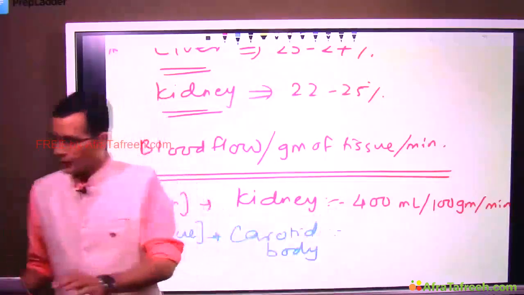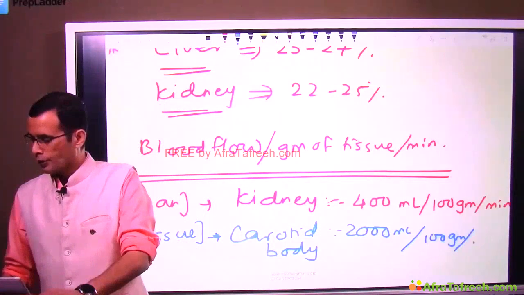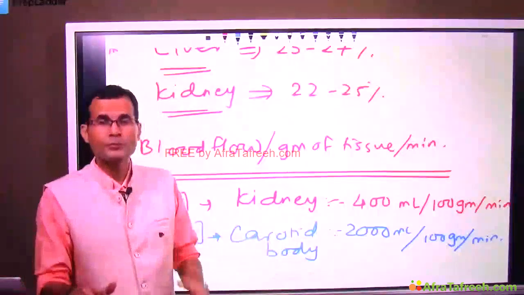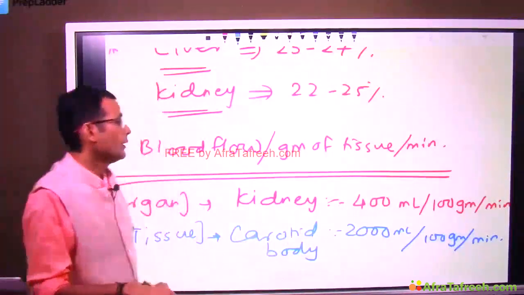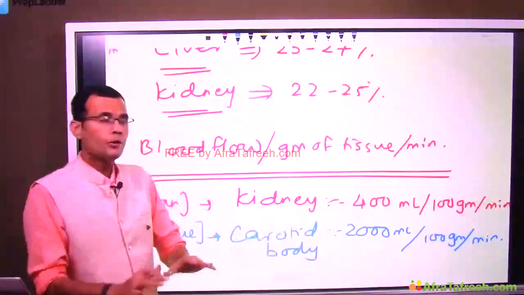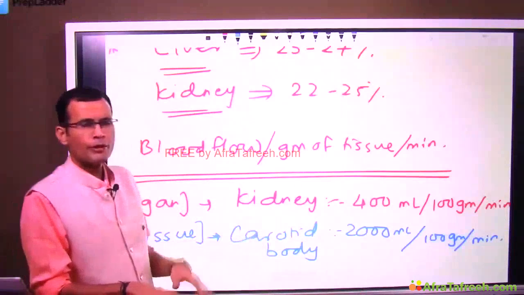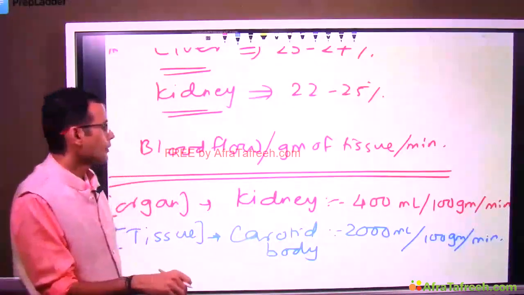Check this out. 2000 ml per 100 gram of tissue per minute. That's the blood flow in the carotid body. I'm talking about the peripheral chemoreceptors, carotid body. So, massive blood flow. Carotid bodies have no match in that sense.